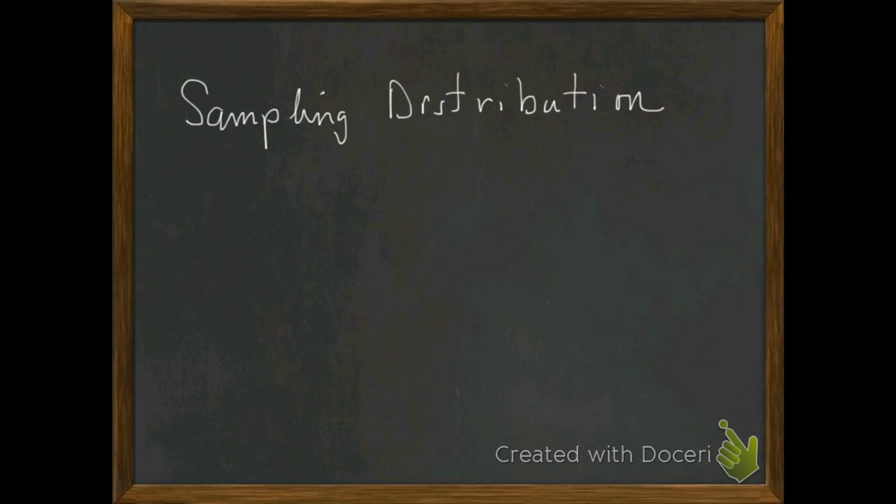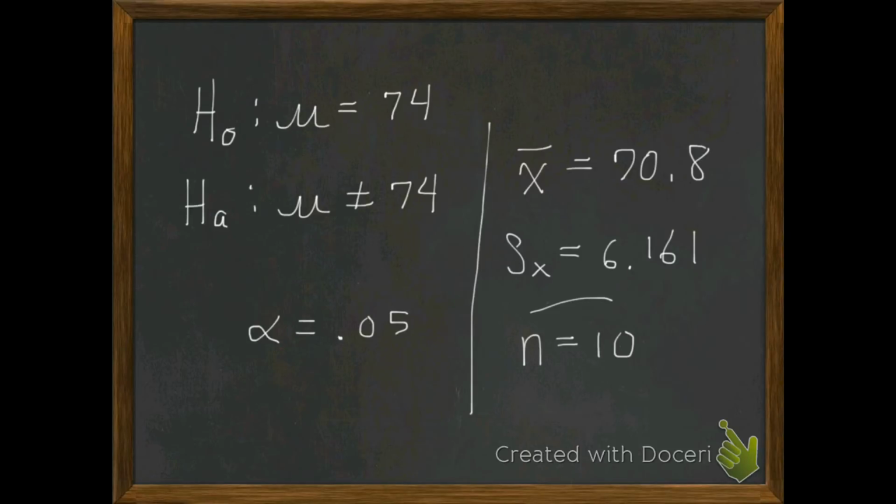So the sampling distribution tells us this: that if we could dive into our population and pull out samples 10 at a time. Now, what's so incredibly special about 10? Well, that's the size of our sample.